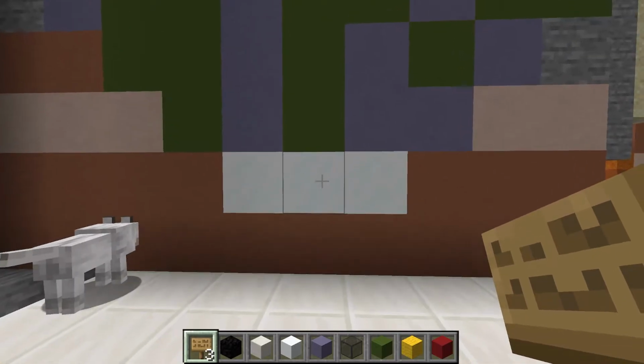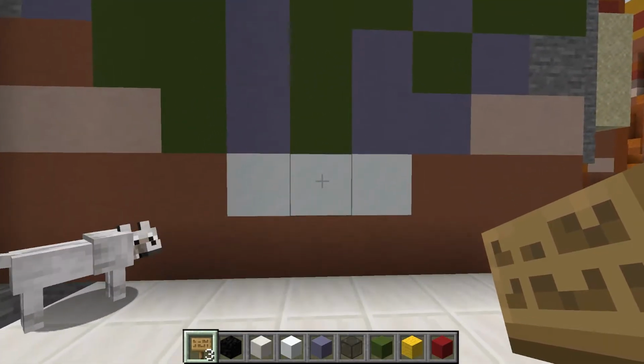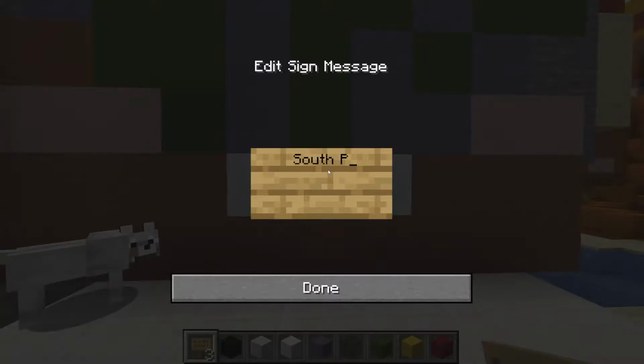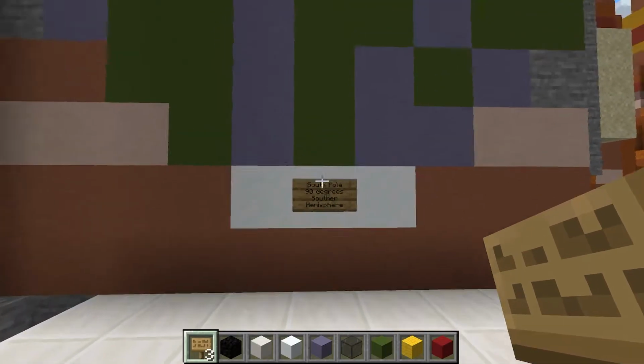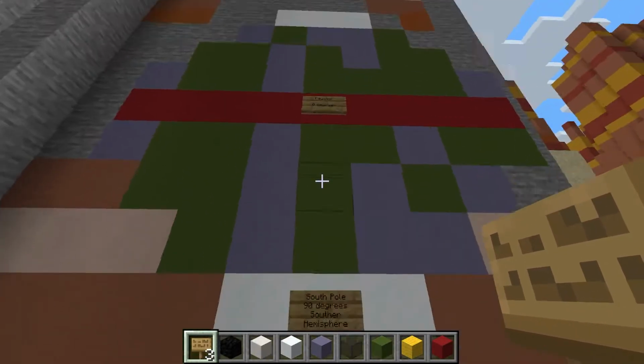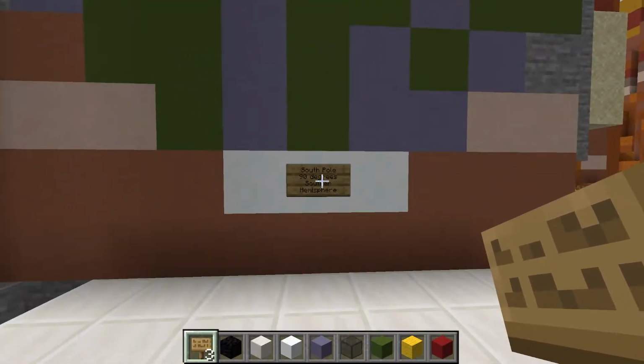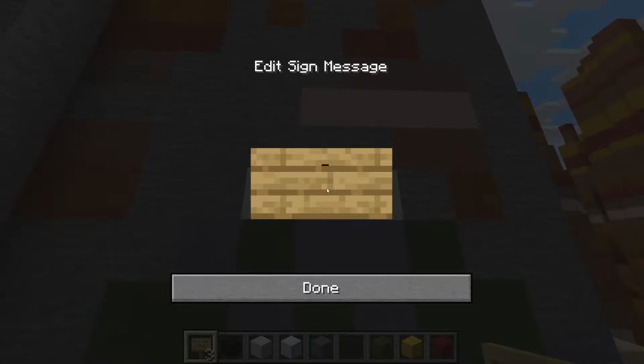And all the way at the bottom, for example here, in the South, you have the South Pole, 90 degrees in the Southern Hemisphere. Alright, and of course, in the northern part, you have the same, but not the South Pole, but the North Pole. So you have the North Pole on the 90 degrees in the Northern Hemisphere.